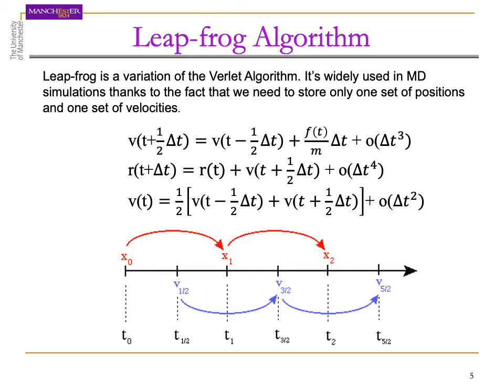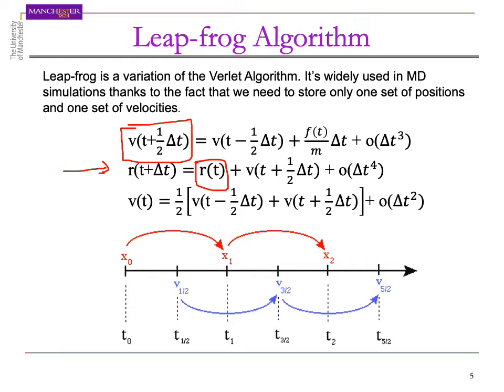Instead, in the leapfrog algorithm, we only need the velocity calculated now at 1/2 of the time step in the future, and the position of the atoms at the current time step. With these two quantities, we can obtain the position of the atoms at the new time step t plus delta t.